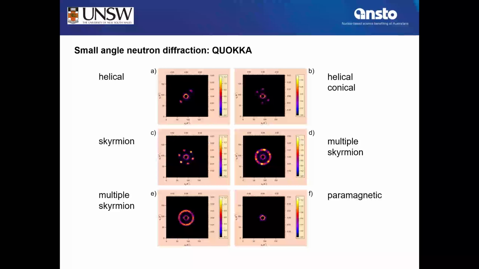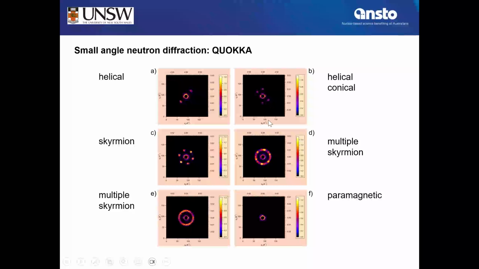That's what we see in neutron diffraction, small angle neutron scattering. This is our data on Quokka. If we have a spin helix, the zebra stripe structure, the Fourier transform gives you 2 Bragg peaks. From the position of the Bragg peaks, we can learn the pitch length of the helix and the direction, and of course the magnetic moment.